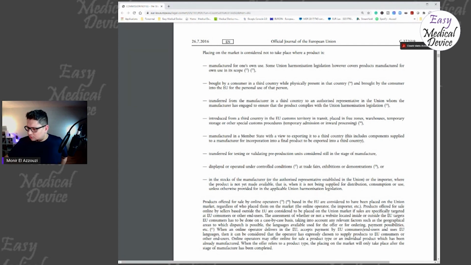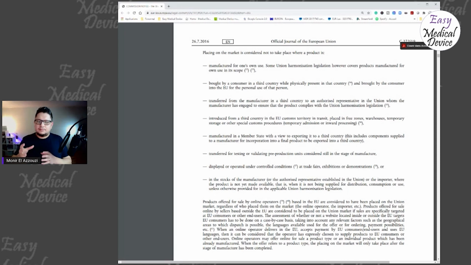How can a distributor know if an MDD device is okay to distribute? As soon as it's placed on the market, there is no question of significant change anymore. It is the responsibility of the manufacturer to confirm whether there is a significant change or not.